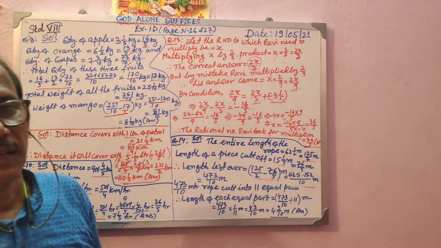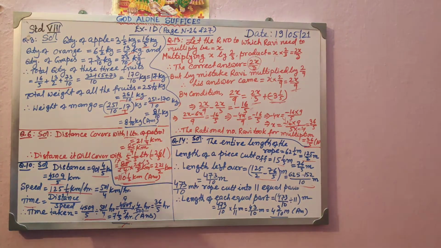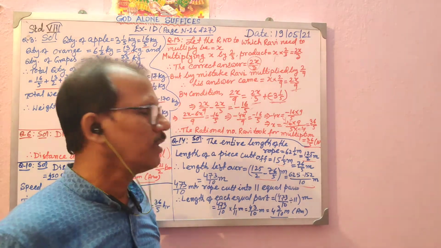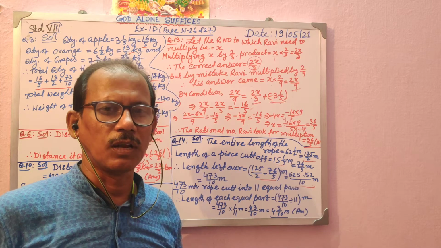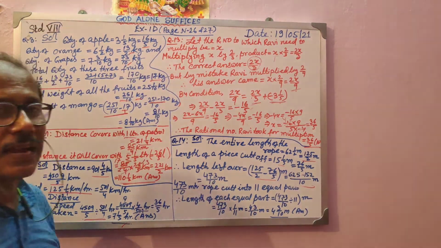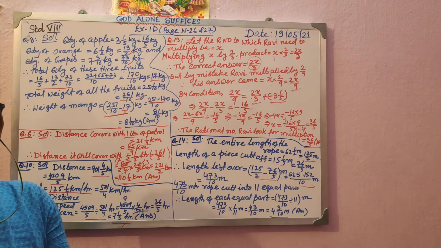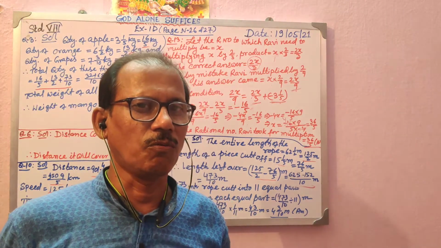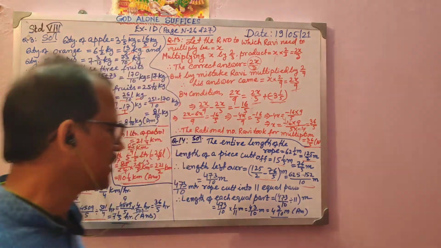That is the length left over, the remaining rope length after being cut off of 15 whole 1 upon 5 meter. So this is left over, which has been cut into 11 equal pieces. So what will be the length of each piece?